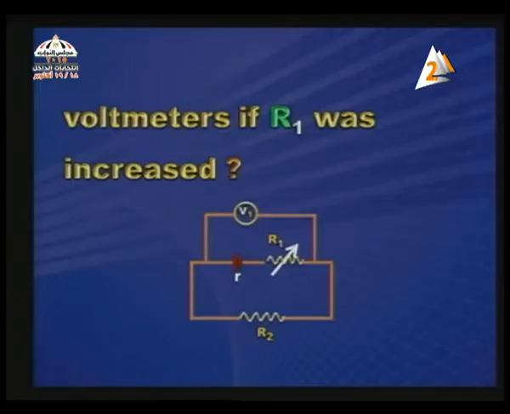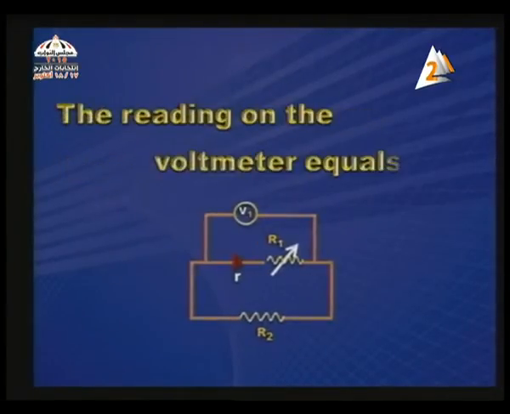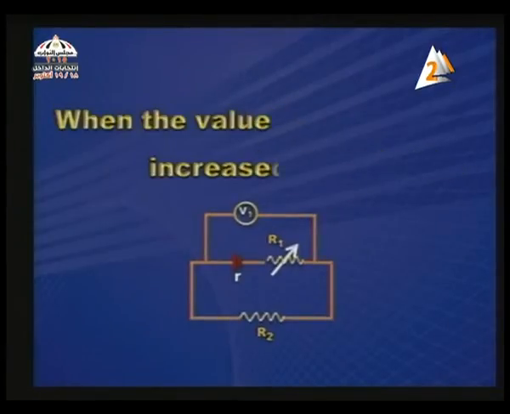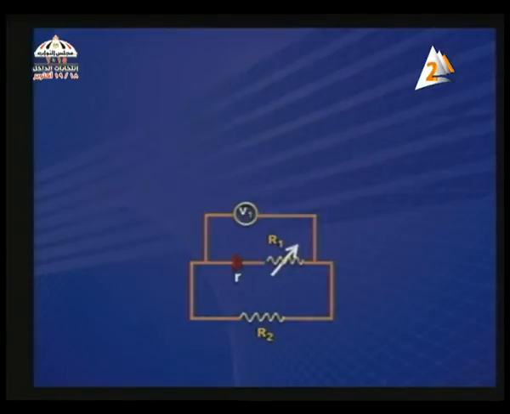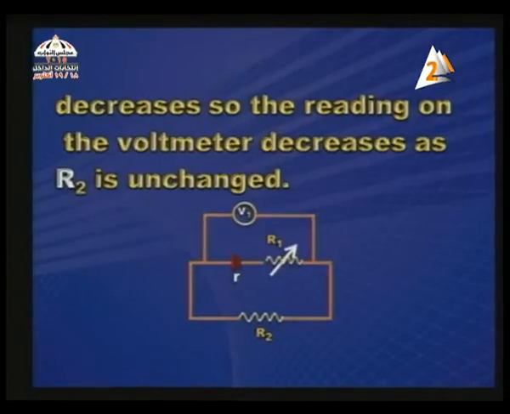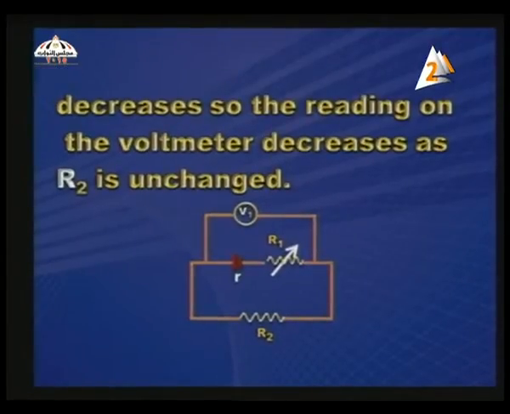Reading V1 is the reading on R2. The reading on the voltmeter equals IR2. When the value of R1 is increased, the current decreases, so the reading on the voltmeter decreases as R2 is unchanged.